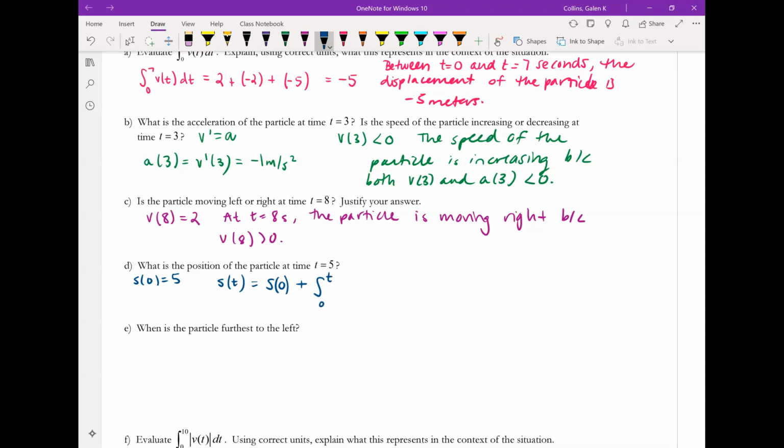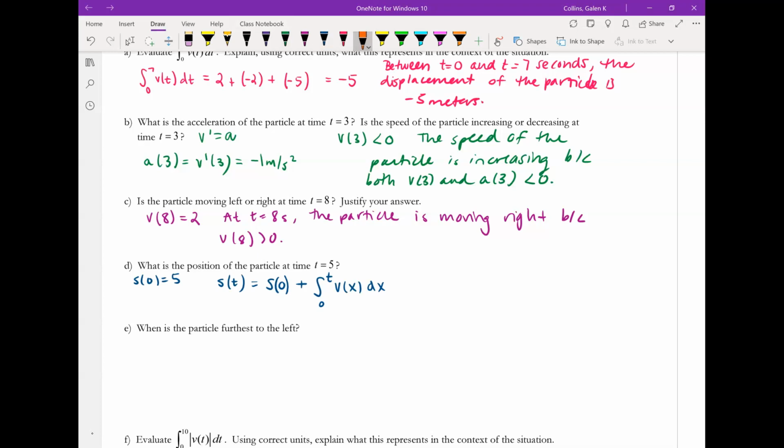And what we're integrating is the derivative of s, which is v. Now, when we write an accumulation function, the variable of the function is t, but we need a dummy variable in the function itself. So I'm just going to say v of x, dx. It doesn't matter what variable you use there, as long as they're the same. It's just standing in for what we'll replace with t. So this accumulation function will tell us the position of the particle at any time t.